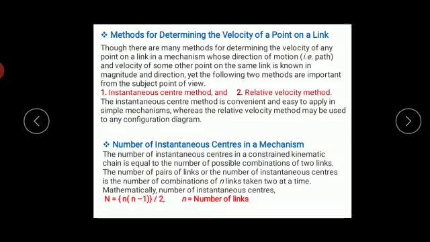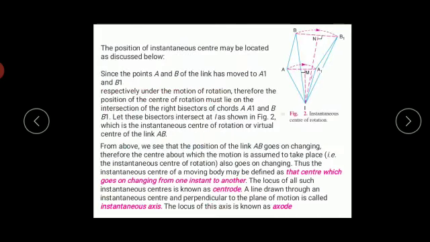The instantaneous center method can be used for simple mechanisms, and it becomes more complex when the mechanism is of high-end configuration. Whereas the relative velocity method can be used for any mechanism, either simple or high-end configurations.